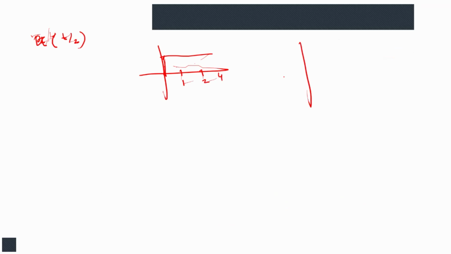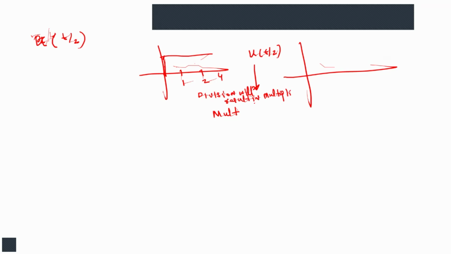If you divide inside the parenthesis, it will result in expansion. If you do u of t by 2, whatever the signal was, it was like this, u of t with points at 1, 2, and 4. Now the signal will expand. Division will result in multiplication in the time axis.